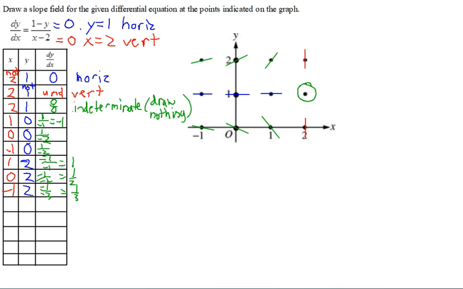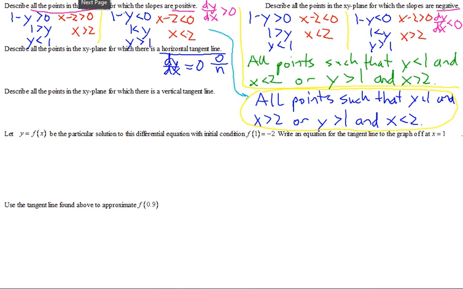That's when the numerator is 0, when y equals 1, and as long as the denominator is not 2. So here we can just word it. All points such that the numerator equals 0, so y equals 1, and x does not equal 2.